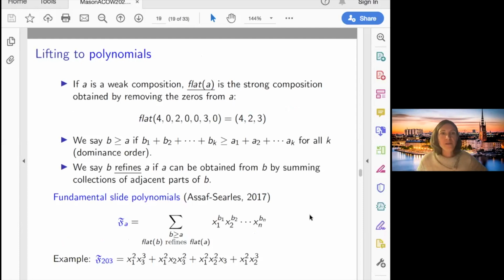We need a few definitions before we can get to what we're doing in the polynomial ring. First, if we have a weak composition and we remove all the zeros, that's called the flat of the composition.